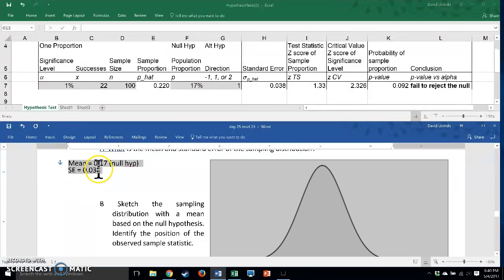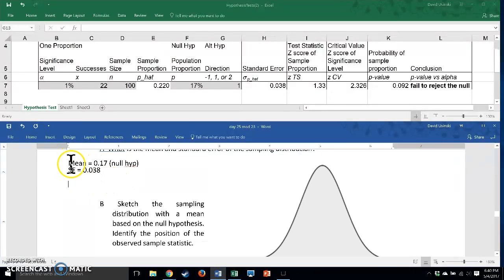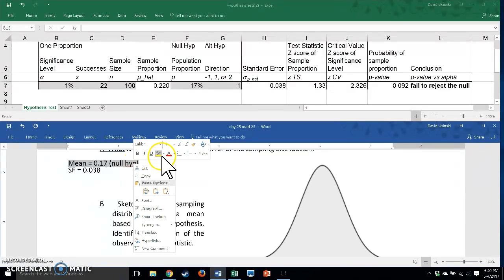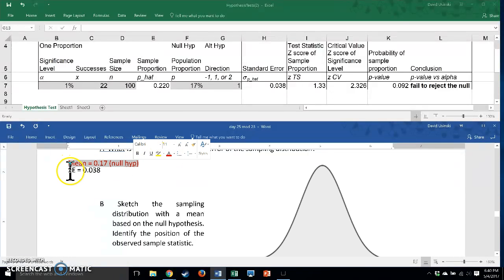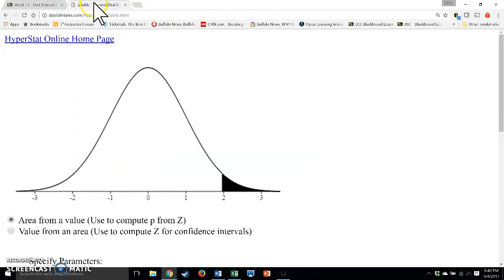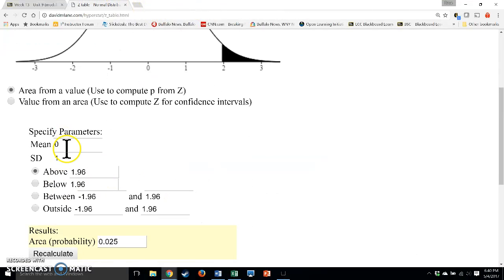Okay, and let's just take a look then at what this distribution would look like. All right, so I'm going to go to my website here and take a look at the normal curve calculator. And let's put in the mean. That was 0.17.